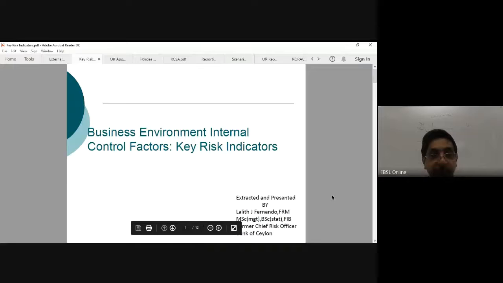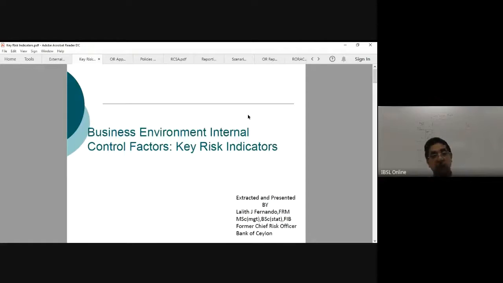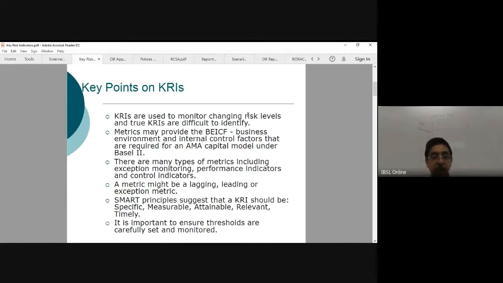But I think together with risk and control self-assessment, we have to discuss key risk indicators also, because the questions on operational risk appetite, tolerance, and limits can all be solved through these key risk indicators. KRIs are used to monitor change in risk levels, and true KRIs are difficult to identify.